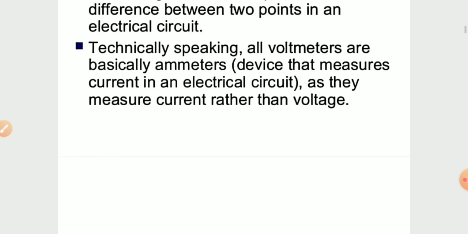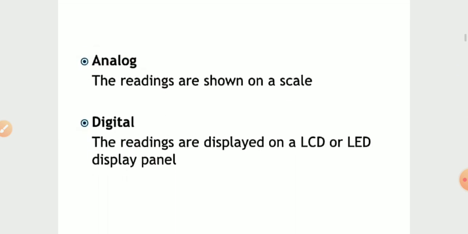And here we have two types of voltmeter. First is the analog voltmeter and second is the digital voltmeter. In an analog voltmeter, a pointer moves across a scale in which the voltage is proportional to the pointer movement.